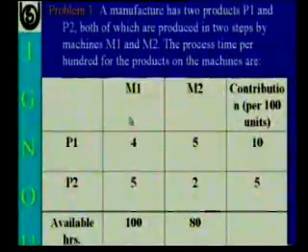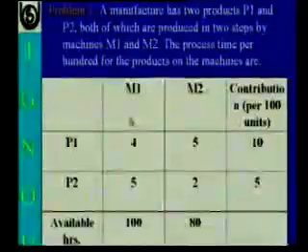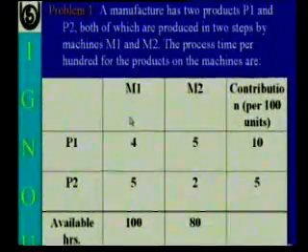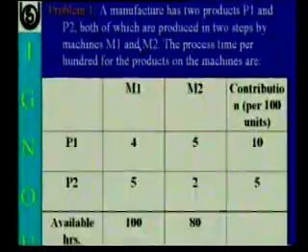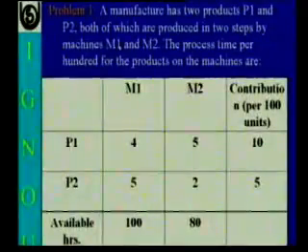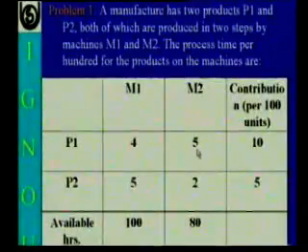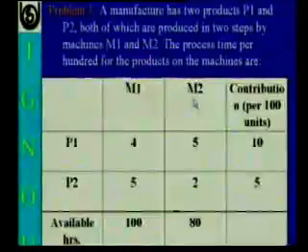We will take a problem of two variables and try to solve it with the help of the simplex method. There is a manufacturer who has two products, P1 and P2. Both are produced in two steps by machine 1 and machine 2. The process times per 100 for the products on the machines are given.